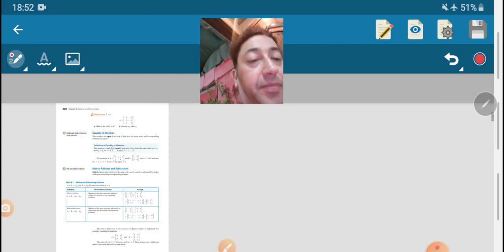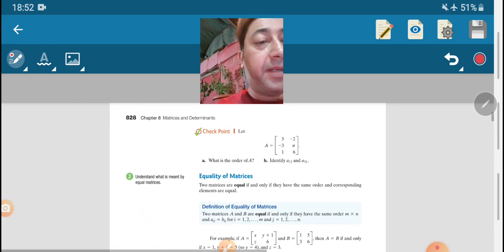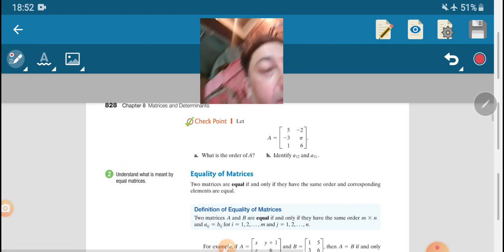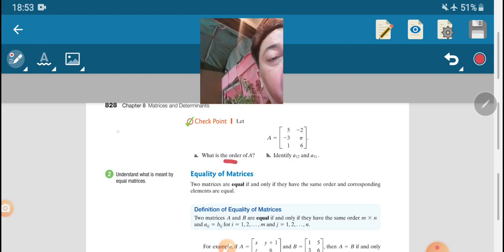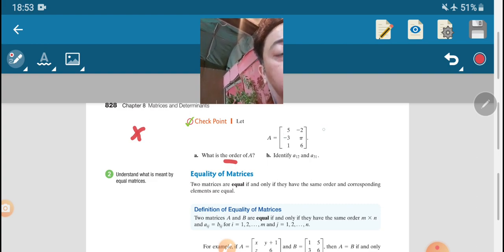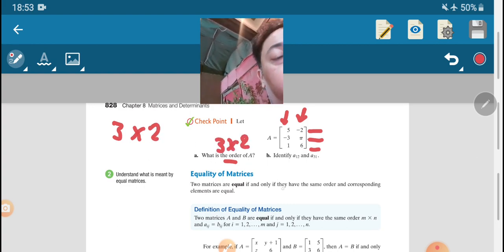Let's start again. In this matrix, what is the order of A? The order is m times n, the number of rows times the number of columns. Rows: 1, 2, 3. Columns: 1, 2. The order of A is 3 times 2.